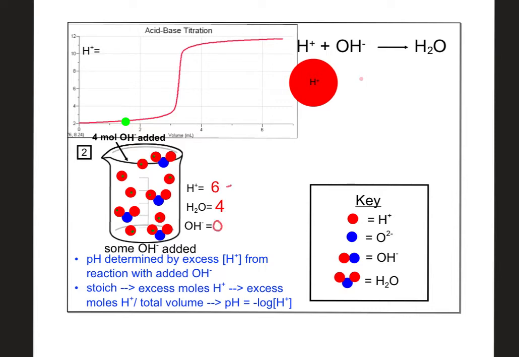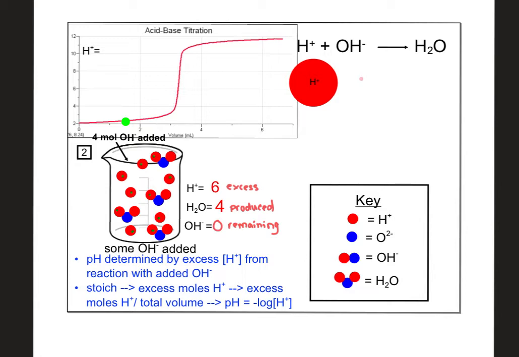So this is like excess. This is like remaining. And produced. Okay, so we've added some hydroxide. It's reacted to form some water. I still have extra H plus, and then now we've made some water.